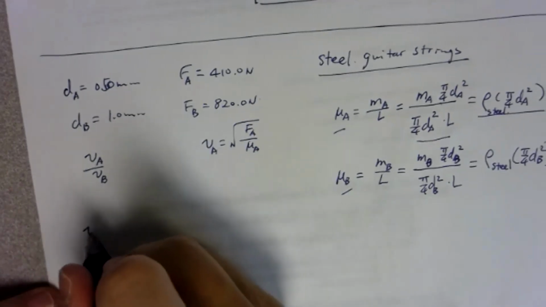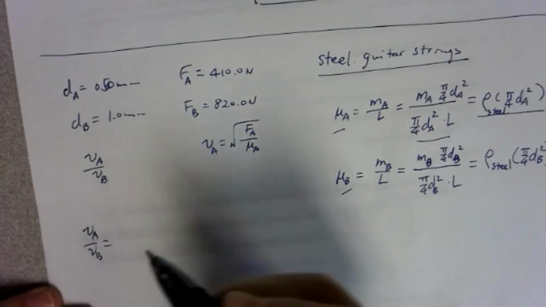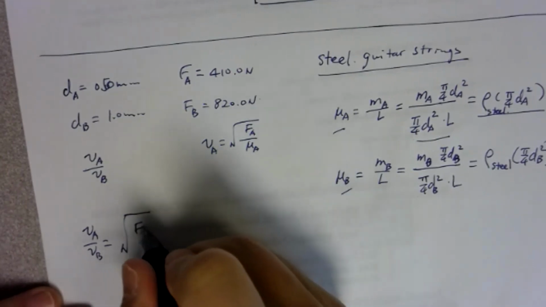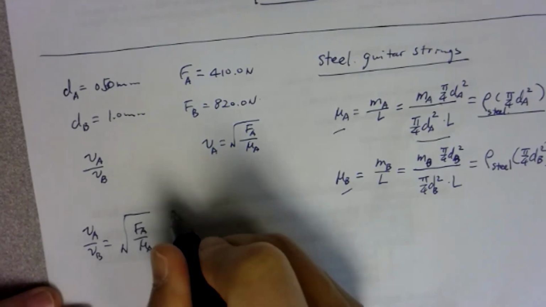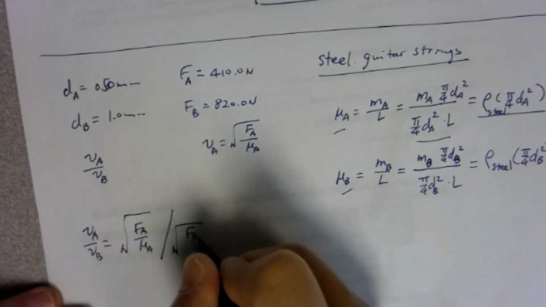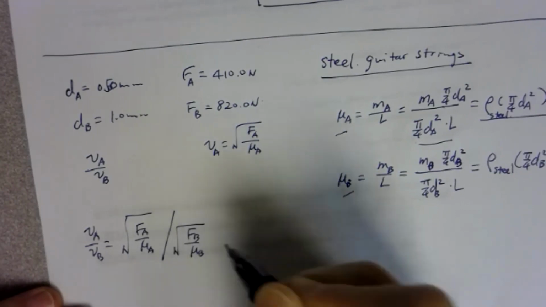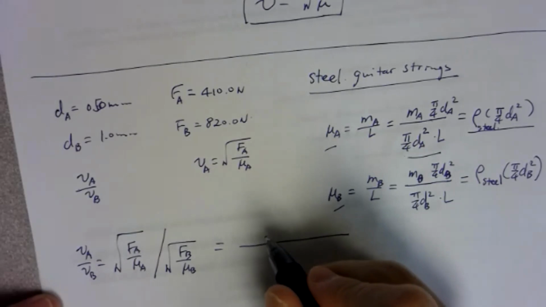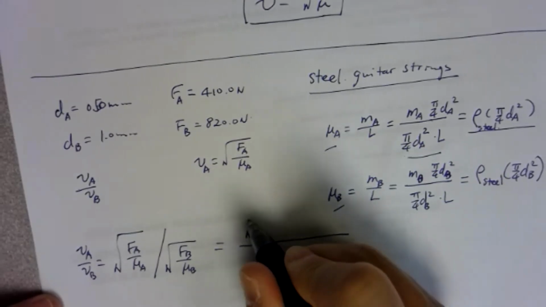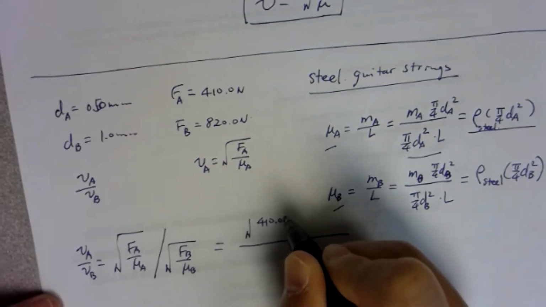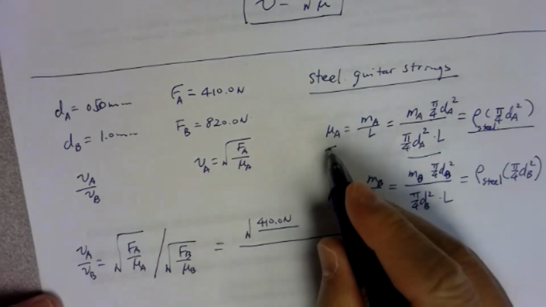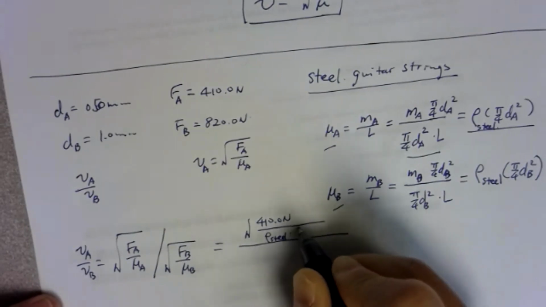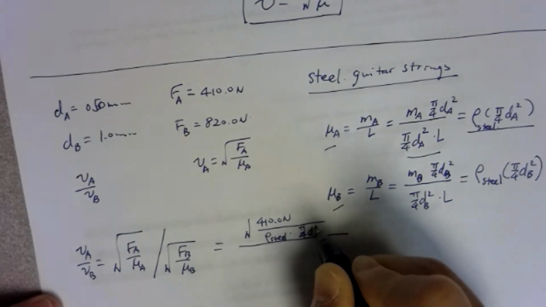So VA over VB, then it's really the square root of FA over mu A, divided by the square root of FB over mu B. Okay, so let's do FA, which is 410, so the square root of 410 newtons over rho of the steel times pi over 4 dA squared.